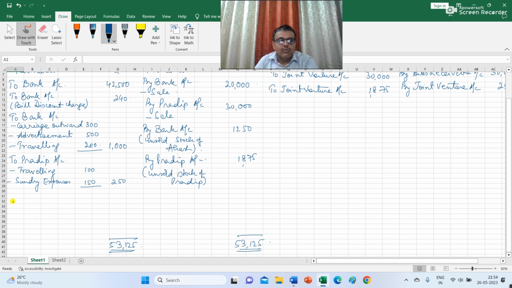So the profit that will be taken by Akash, you have to write it here as to profit and loss account. The difference here is 9,135. You multiply this with half, the profit sharing ratio between Akash and Pradeep, which is 1:1 or equally. So half of 9,135 is 4568.